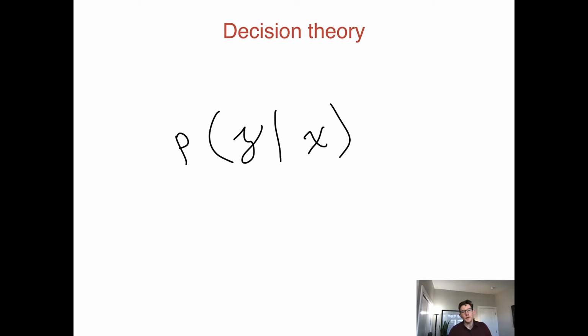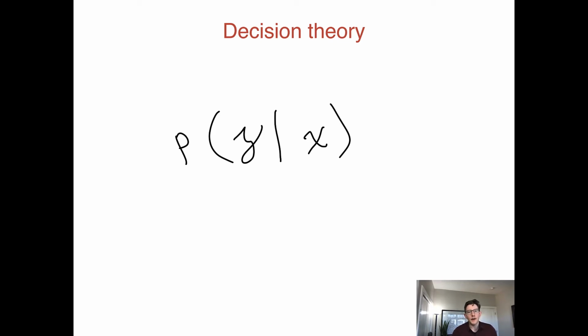And maybe we've parameterized that probability distribution, and we've used all kinds of clever ways to figure out what those parameters are. But at the end of the day, we end up with a probability distribution over y. So the simplest example of this is when this is a classification problem. X are some features about our example, and y is our classes, cat or not cat, disease or not disease, or whatever else.